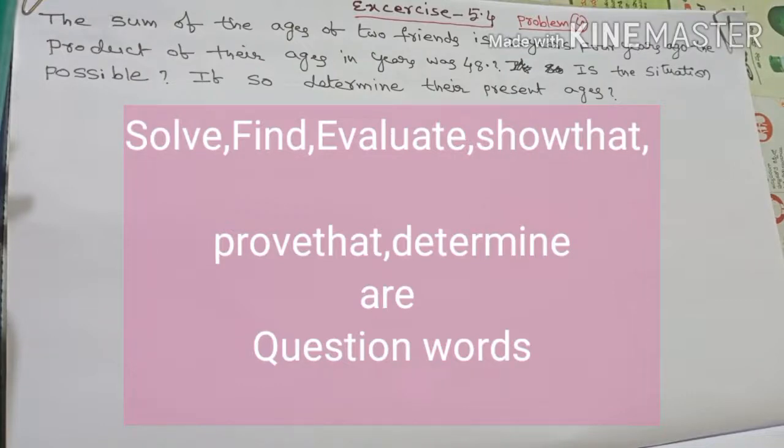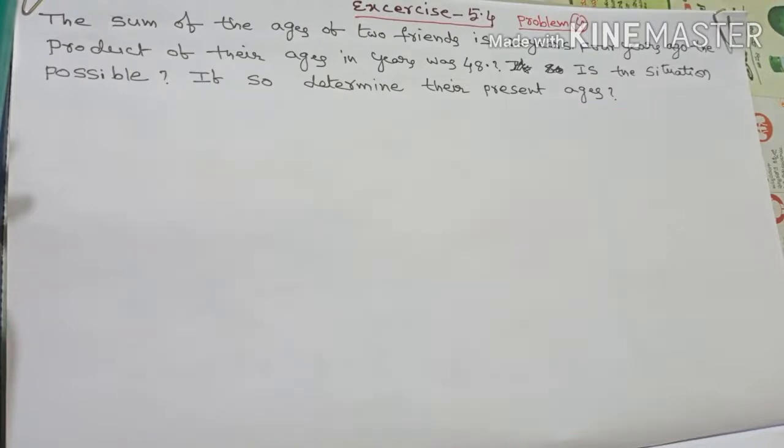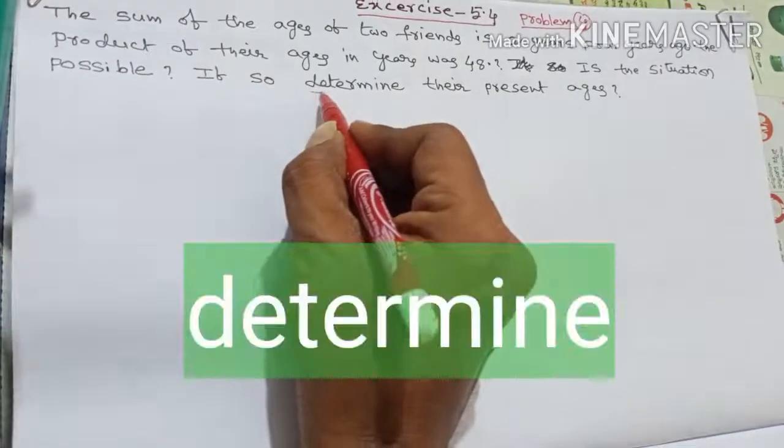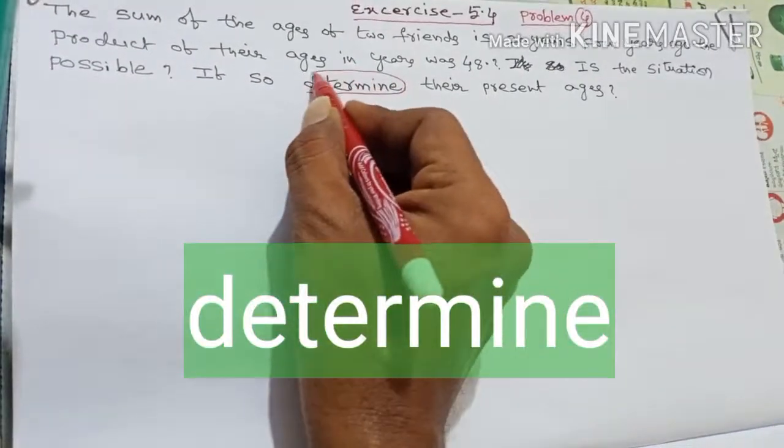These are the regular question words in mathematics. So here you can find the question word throughout the problem. If you study the problem 2 or 3 times, then you can clearly identify the question word. Here the question word is determine.